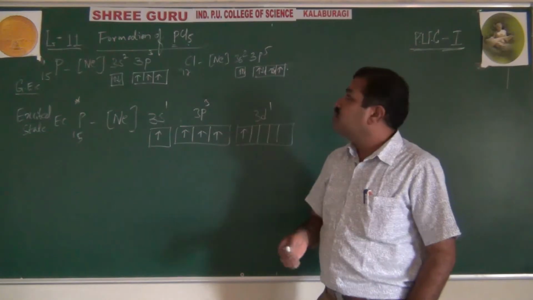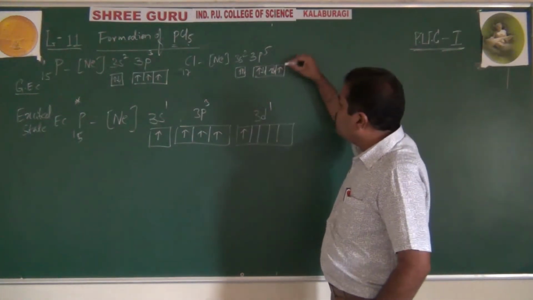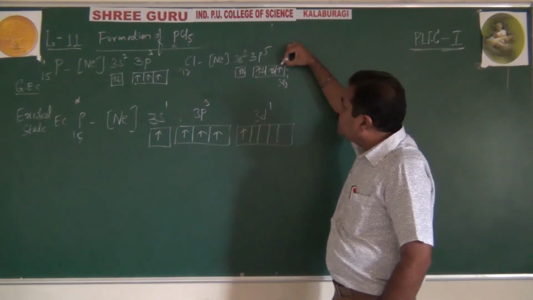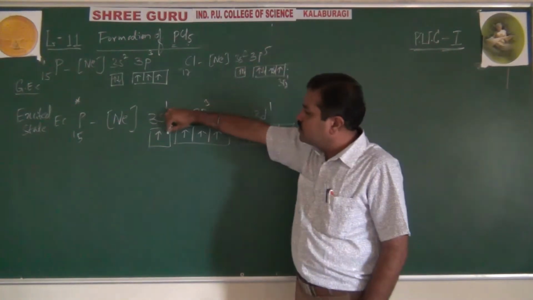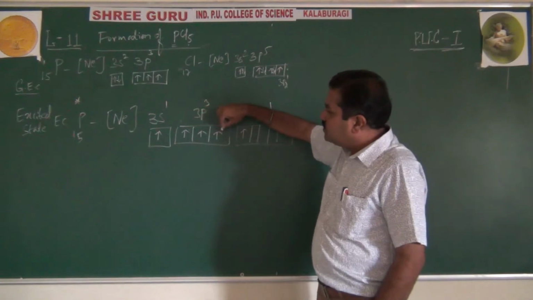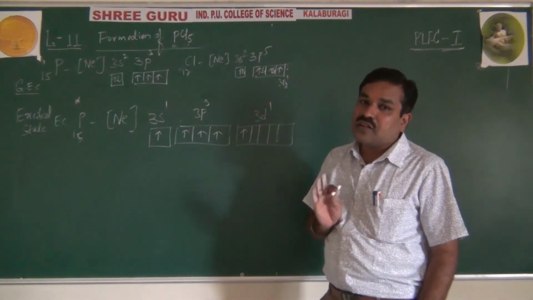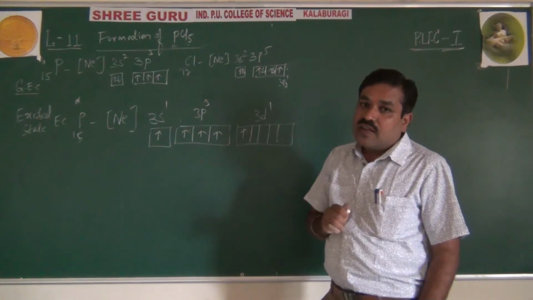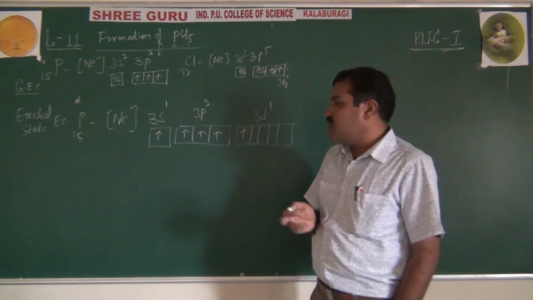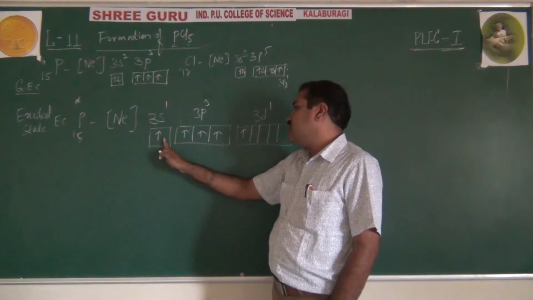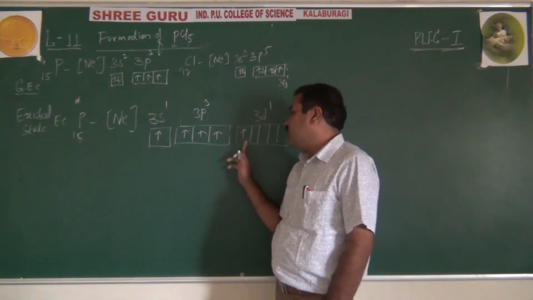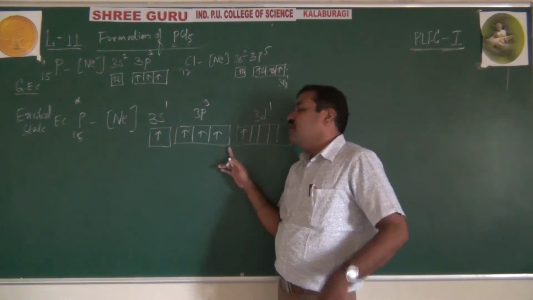How many chlorine atoms? There are 5. So the 5 half-filled 3pz orbitals will overlap with the half-filled orbitals of 3s, 3p, 3d and make sp3d hybridization. Got it? What is the valency of phosphorus? 5. Therefore, according to pentavalency, the 3s electron gets excited not to 3p but to 3d1 because 3p is only half-filled.